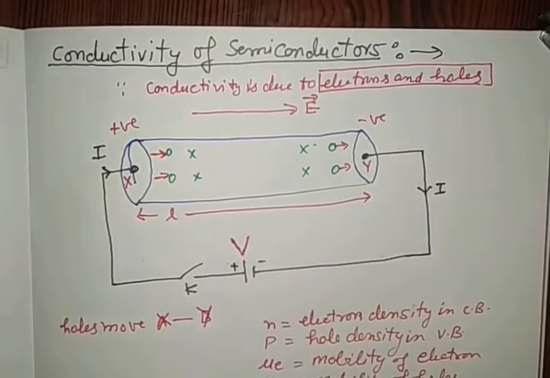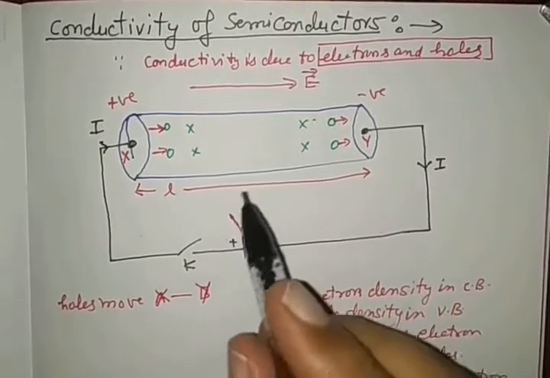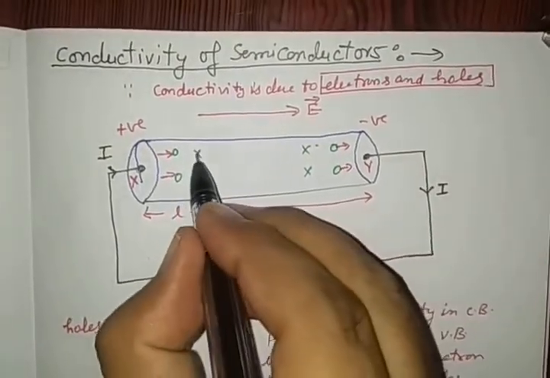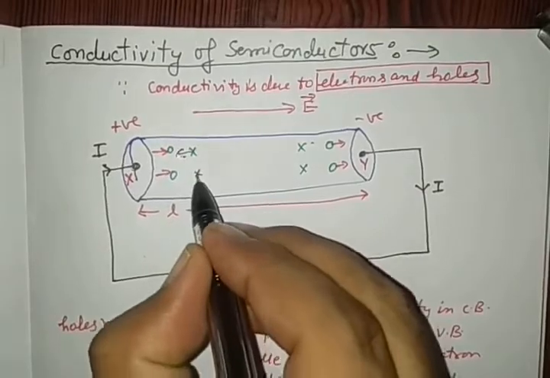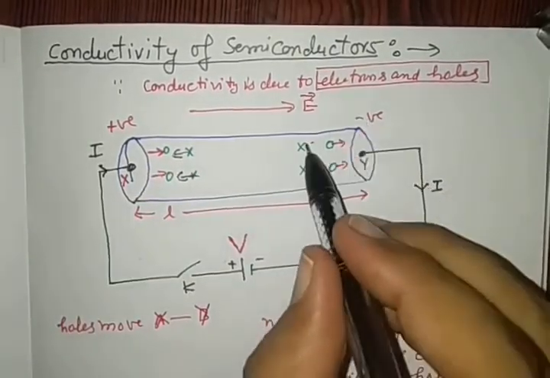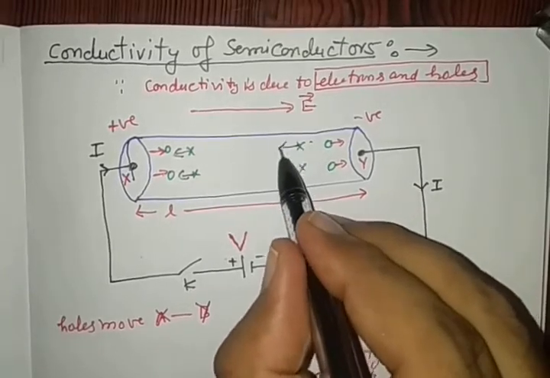Now see the forces acting on the electrons. Electrons are negative, so they are attracted towards the positive potential and repelled from the negative.